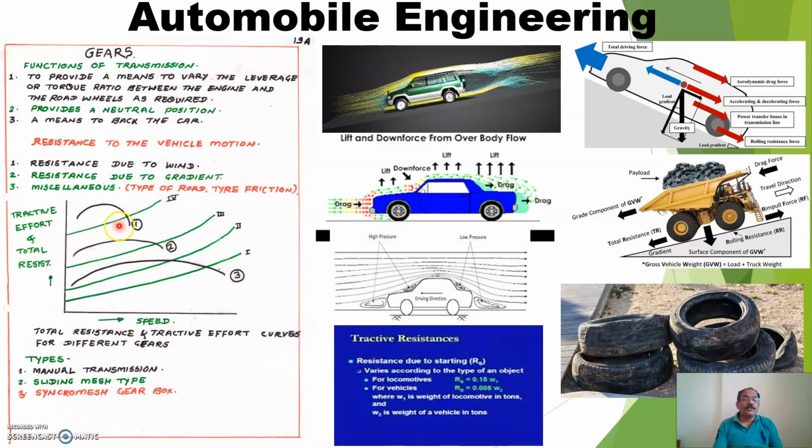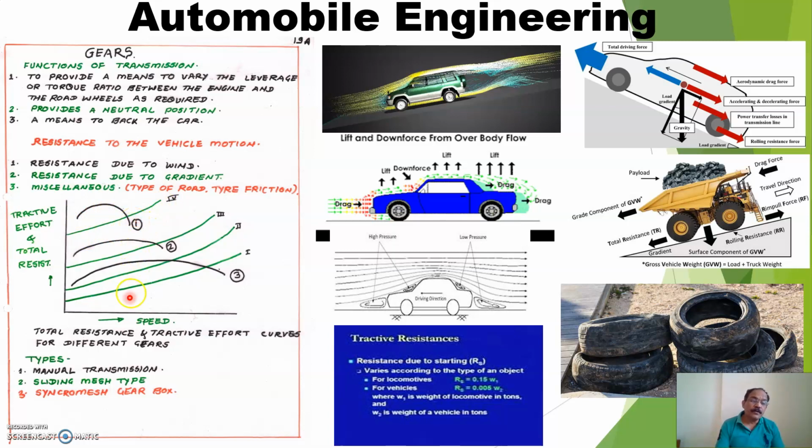Now these black curves are showing the gearbox, what we can call a torque variation box. So in the first gear, this much load can be overcome. This graph shows a very high load, but in the first gear, you can overcome this load also.